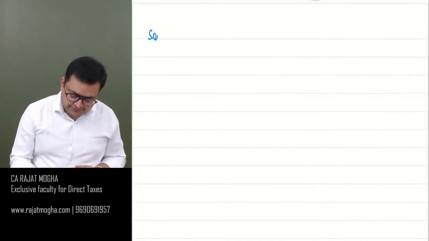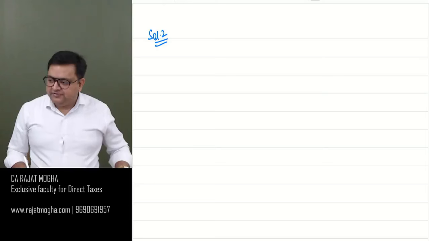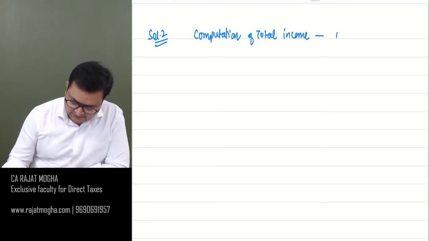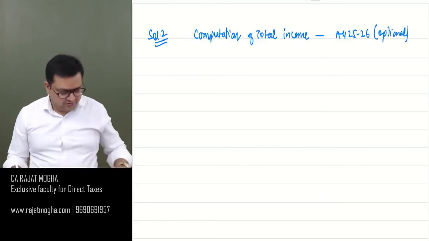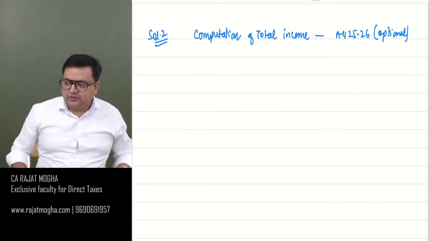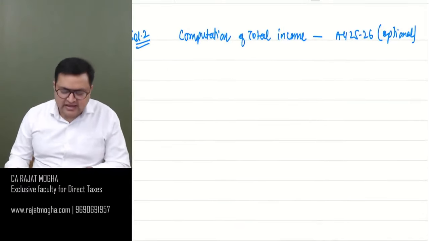Solution number two. Computation of total income. Assessment year 25-26, and he's following optional regime. Now we have to compute his total income. So the only income which he is getting is salary.